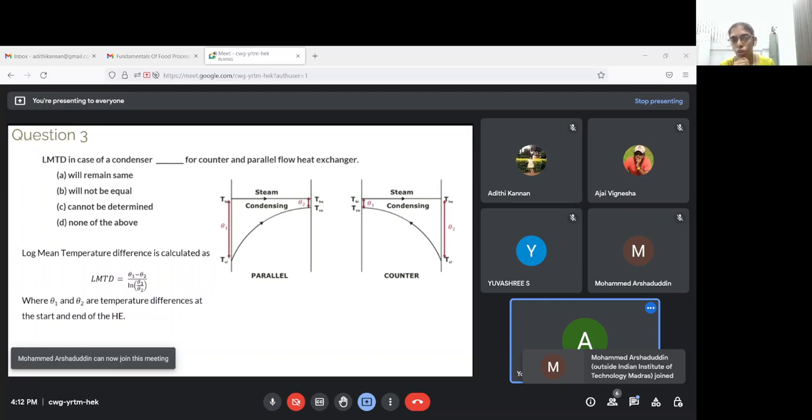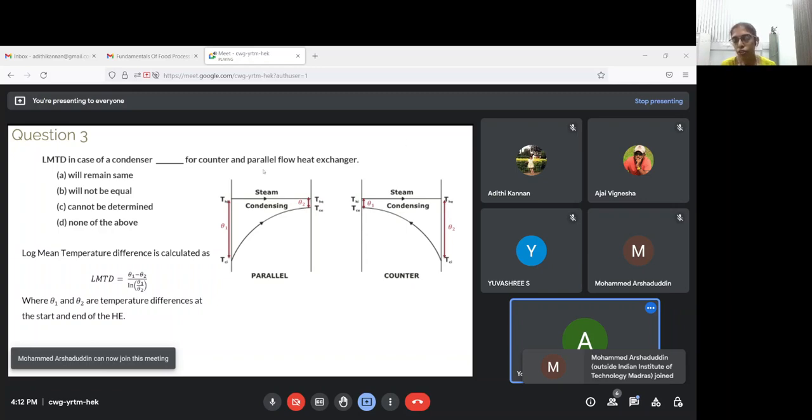So counter flow can be even if you want to heat up a substance also, it doesn't matter. So counter flow is more about the flow arrangement. That is, in a counter flow, one liquid will enter through, let's say from here to here is a heat exchanger. One liquid will enter in this direction, the other liquid will enter in the opposite direction. So you have two oppositely flowing fluids, and that constitutes a counter flow heat exchanger.